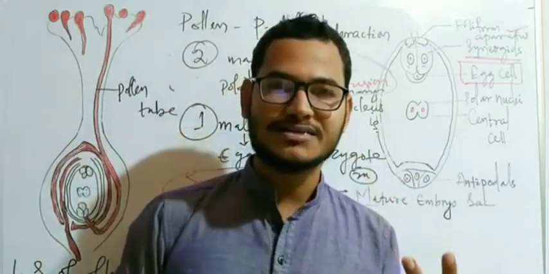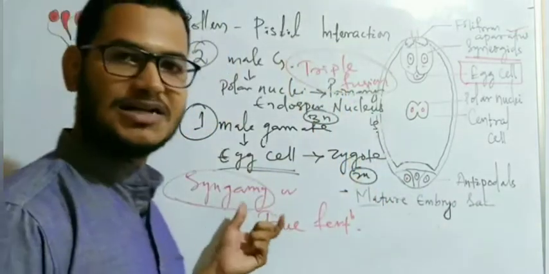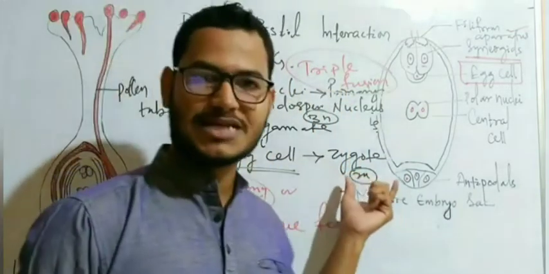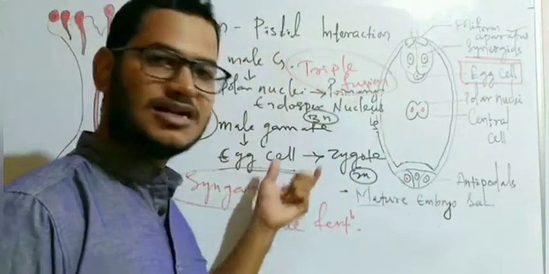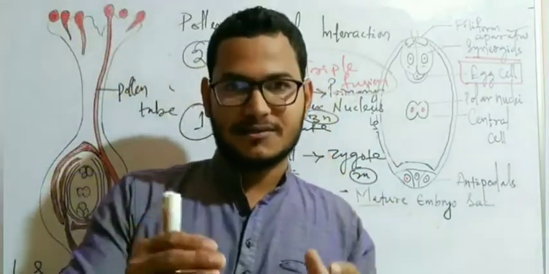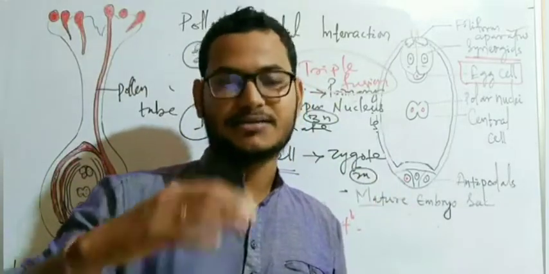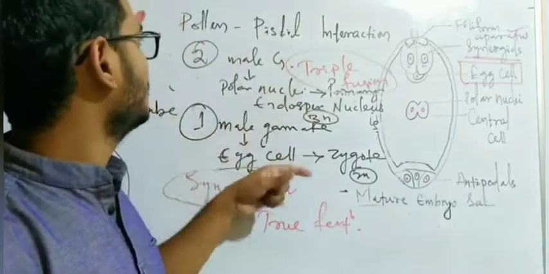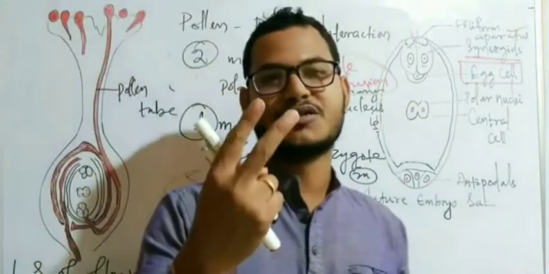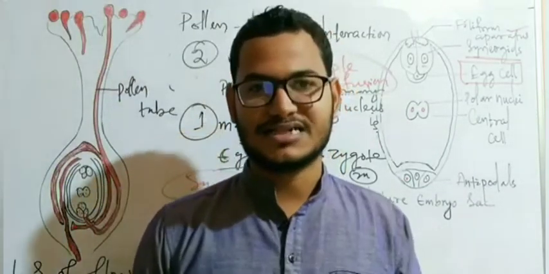So there are 2 fertilizations. The first one is true fertilization, which leads to formation of the zygote. The second one is triple fusion. As a result of two fertilizations, the process is completed. This is called double fertilization because fertilization takes place 2 times.